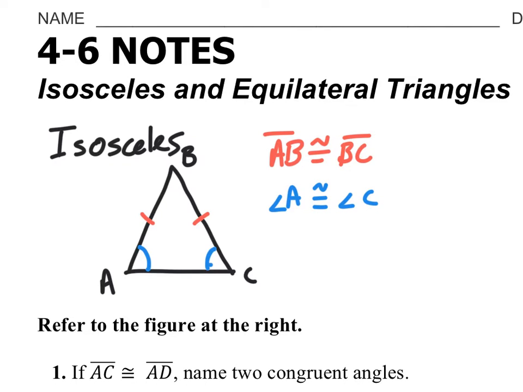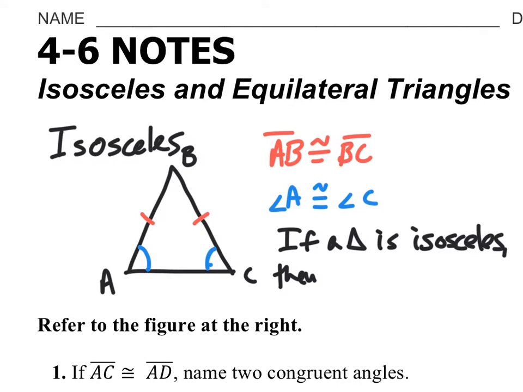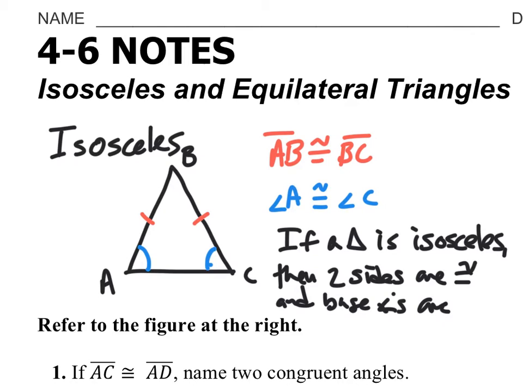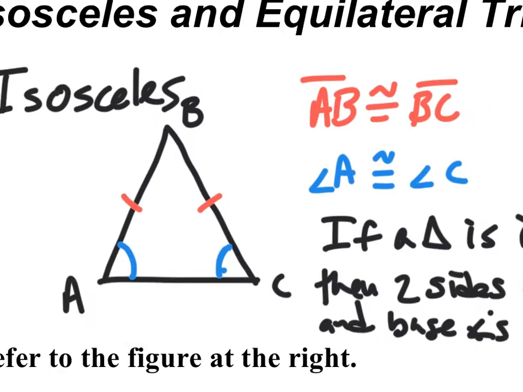So what I want to write here is an if-then statement. If a triangle is isosceles, then two sides are congruent and the base angles are also congruent. Let me zoom in on this.